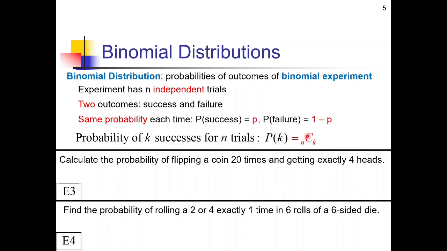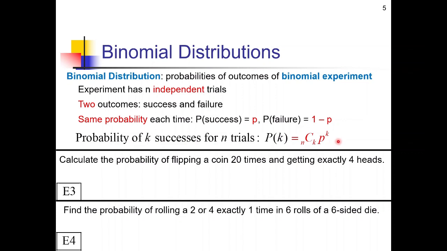So we have all the combinations we can form from a list of length n, with picking only k of those. Now, the next part of this is we're going to take the probability of success, P, and raise that to the number of successes, to the k, so P to the k.